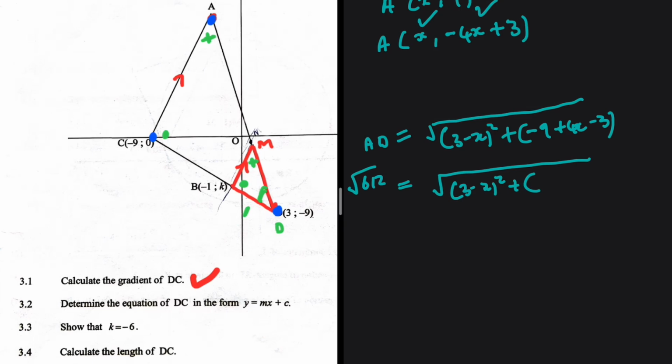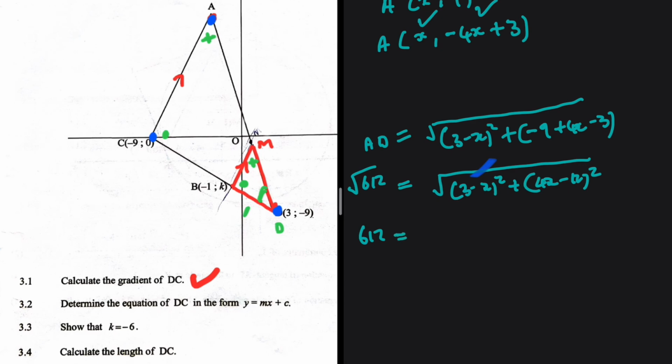Minus 9 minus 3, that is minus 12. So we have 4x minus 12 squared. So what do we want to do? We want to square both sides. So let's go ahead and do that. If we square both sides, we're going to get 612, and then we get rid of that square root, and we just solve what's inside the brackets there.